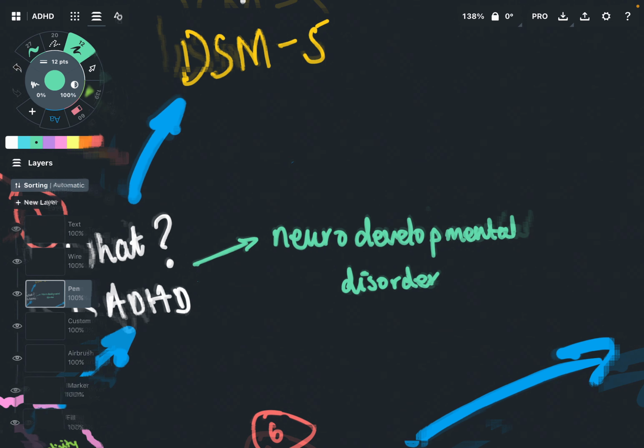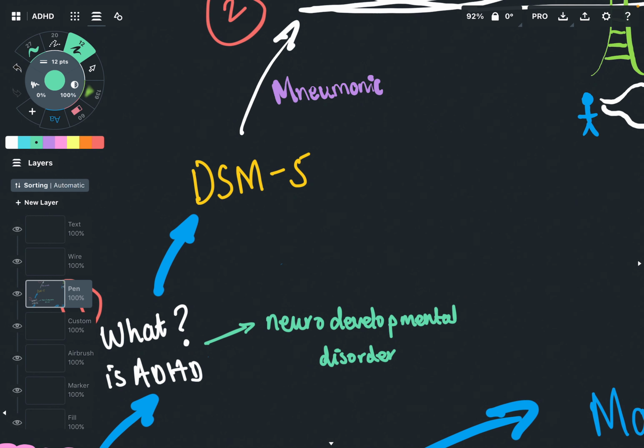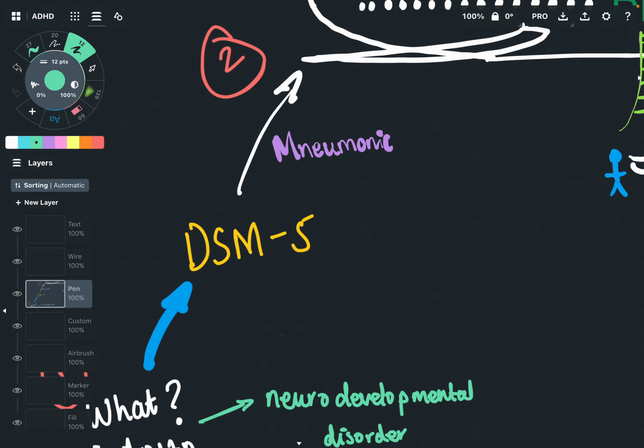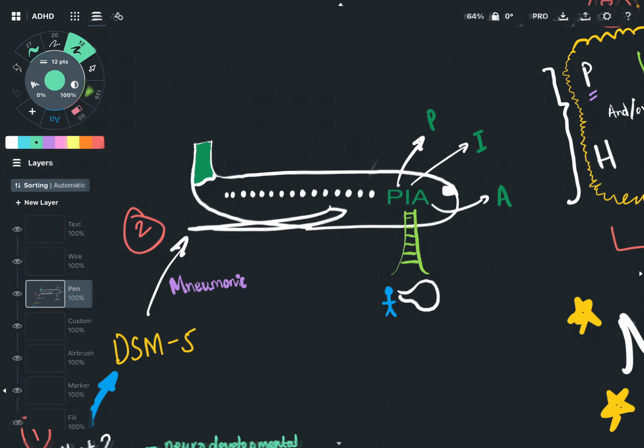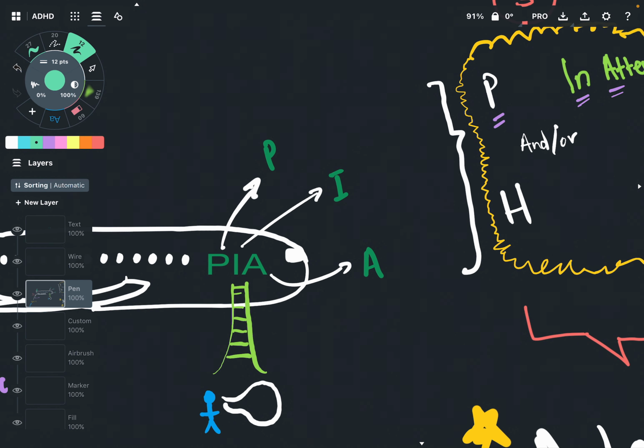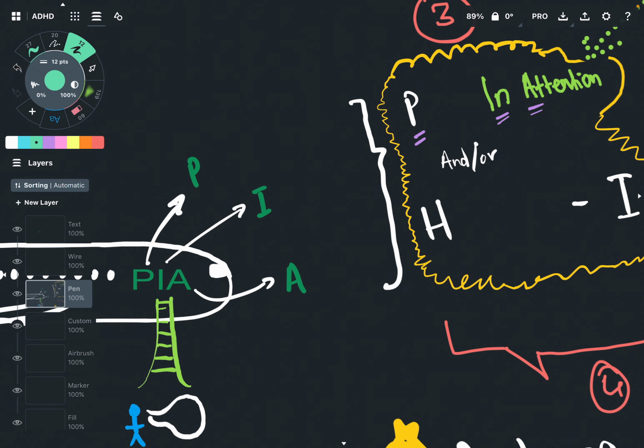Here's one way I like to learn it. It's a mnemonic I use. And this is found in DSM-5. PIA. Pakistani International Airlines. So, what does it stand for, PIA?